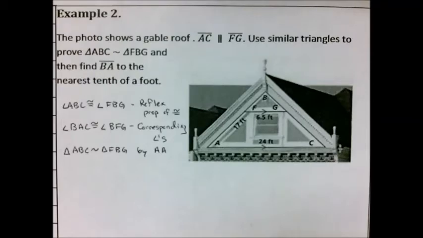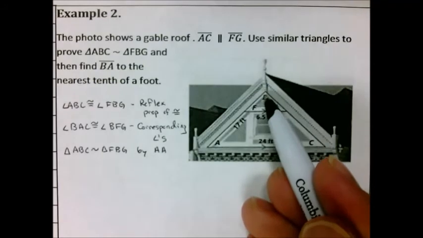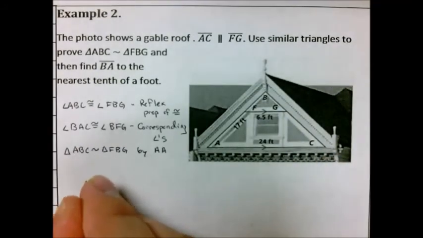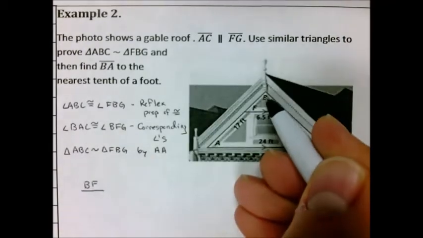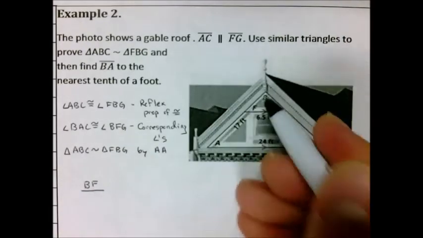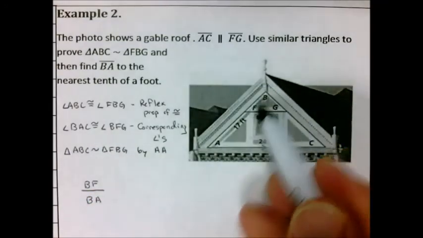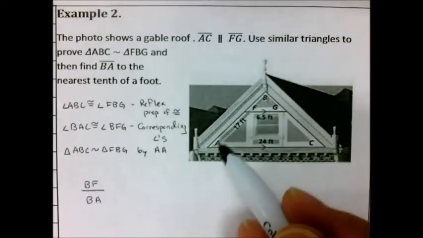Let's first write some corresponding parts. We're going to do the same little thing, set up a proportion. We know in this little triangle that line BF corresponds to the whole big thing, line BA. I'm using this side in particular because I'm trying to figure out the length of BA.